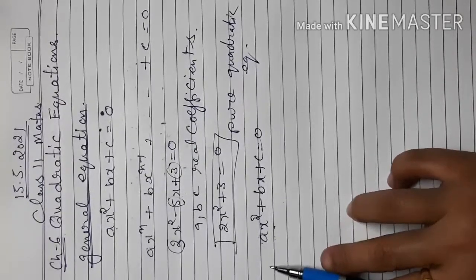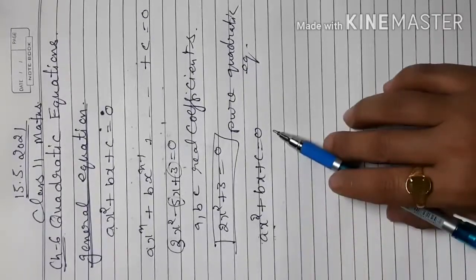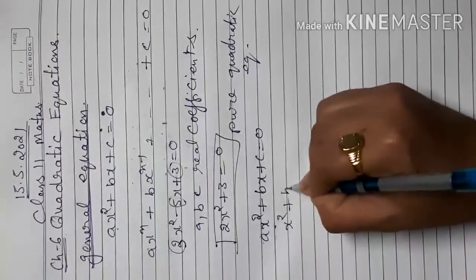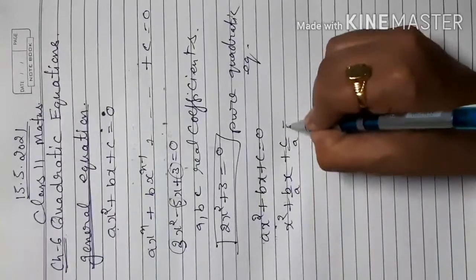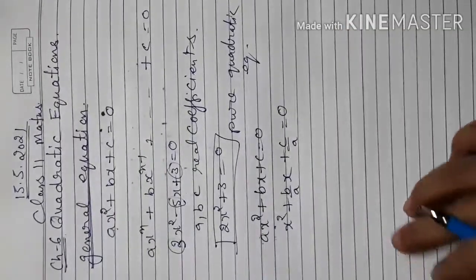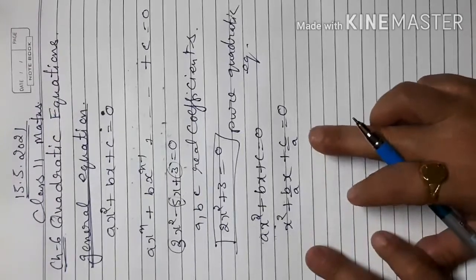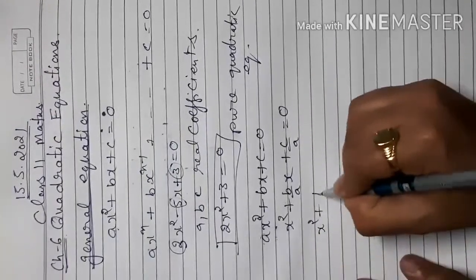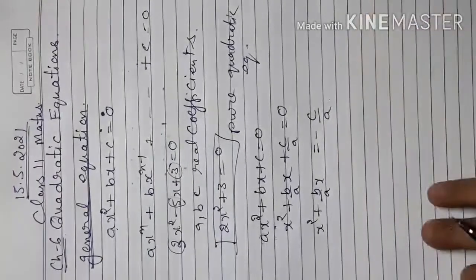So when I divide this equation by a, what I get is x square plus b by a x plus c by a is equal to 0. In the perfect square method, our next target is to shift the constant term to the right side. When I shift the constant term to the right side, it will be minus c by a.